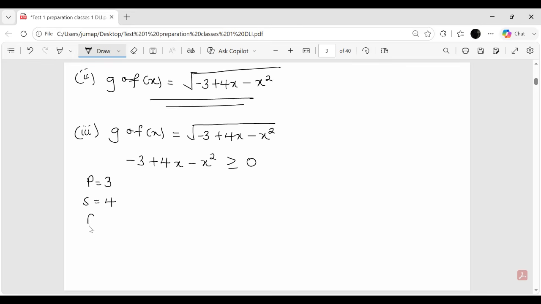So the factors are two numbers that, when we multiply them, we get 3, and when we add them, we get 4. What are those two numbers? Anyone? It's 1 and 3. Yes, 1 and 3.